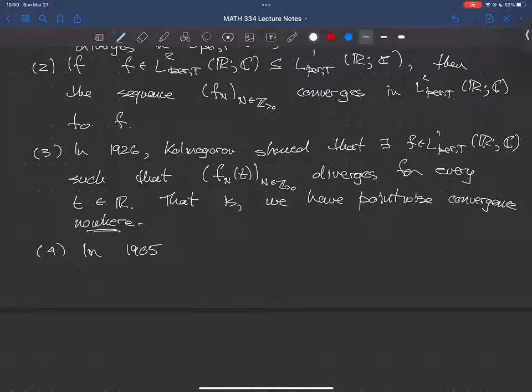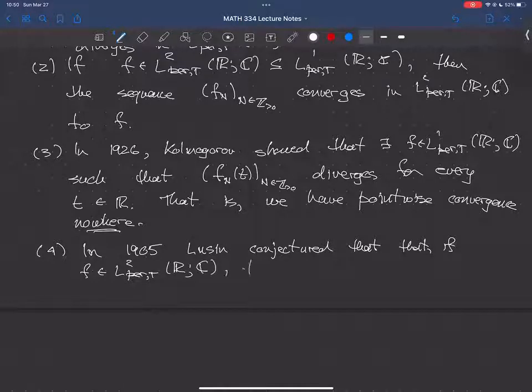And in 1905, Lusin conjectured, and I should have written this one first, but it doesn't matter, that if F is in L2 per, so these indices 1 or 2 make a big difference in Fourier analysis, then the sequence of partial sums converges to f of t for almost every t.